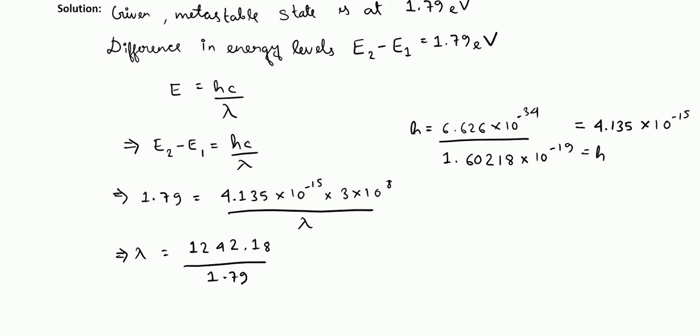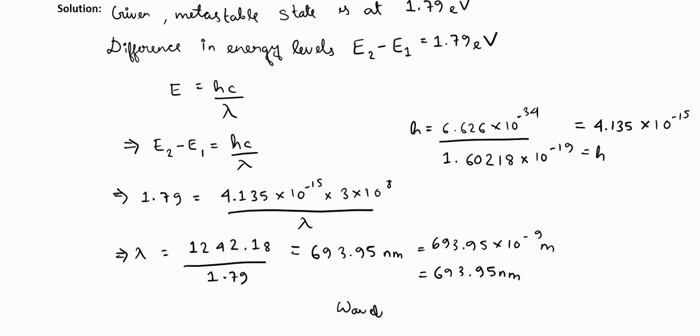So after calculating this, we have the wavelength equals 693.95 nanometers, or we can write it as 693.95 into 10 to the power minus 9 meters. We generally write it as nanometers, so we will just write 693.95 nanometers. Thus, the wavelength of the light is 693.95 nanometers.